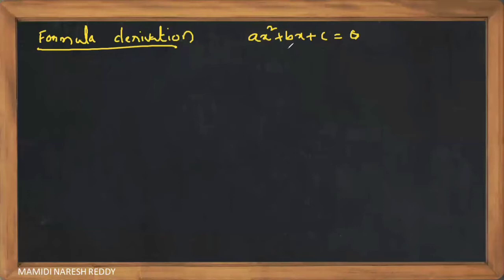There is only one possible way of finding the roots, the completing square method. Completing square method means the entire quadratic equation will be made a perfect square, a perfect trinomial. Means we will make the entire quadratic equation in the form of a square plus 2ab plus b square. Are you all with me, children? Please kindly let me know.